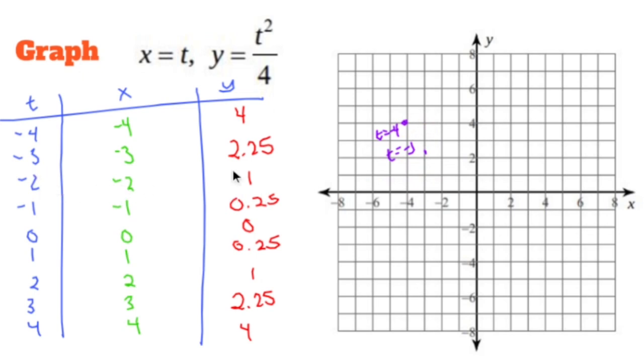Another point was -2, 1. Right here, and that happened when t was -2. Another point was -1, 1/4, right there.